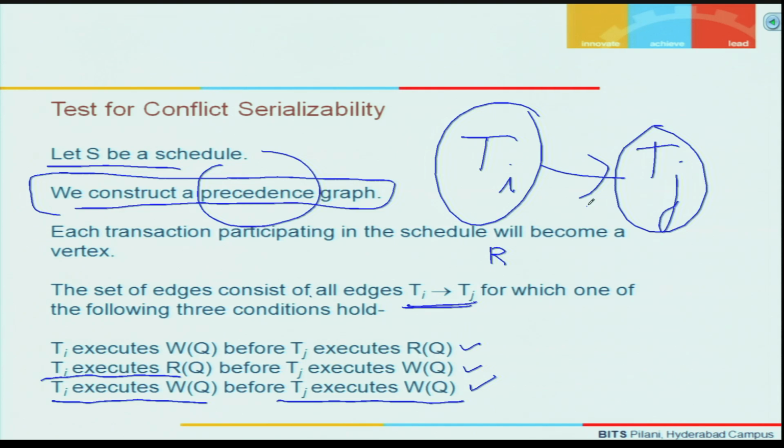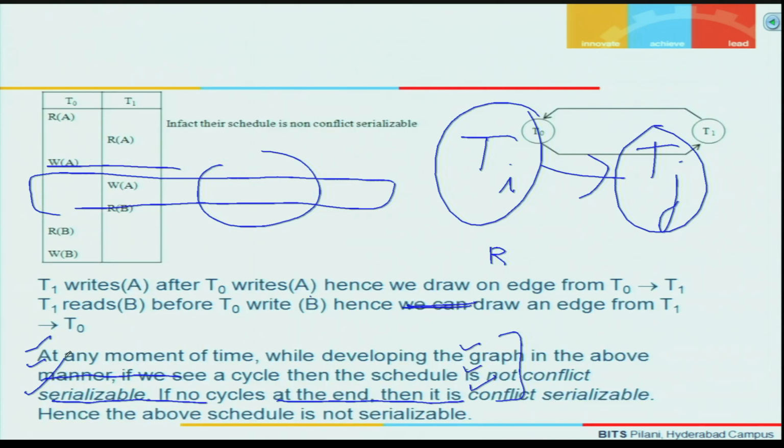The transactions taking part in the schedule become the nodes, and an edge Ti to Tj is introduced when at least one of these conditions is satisfied.